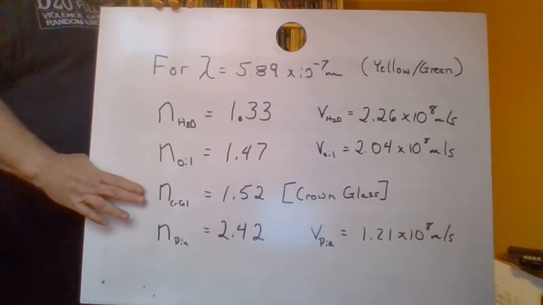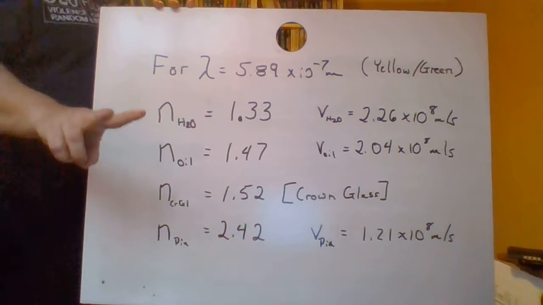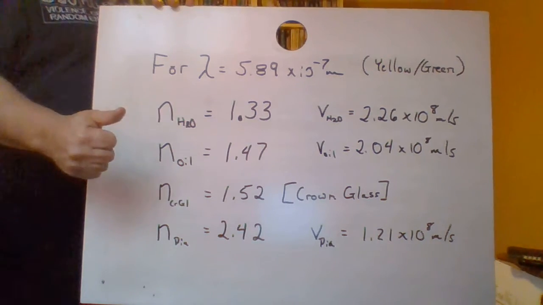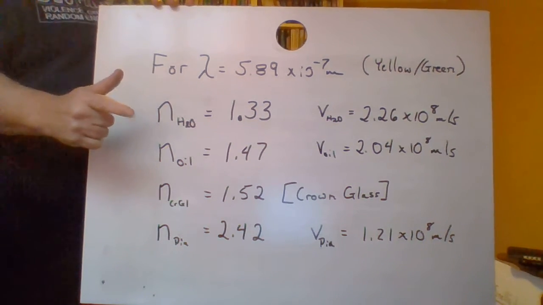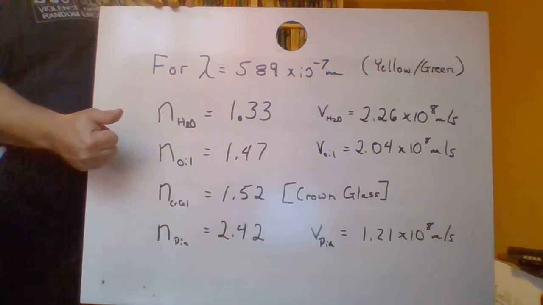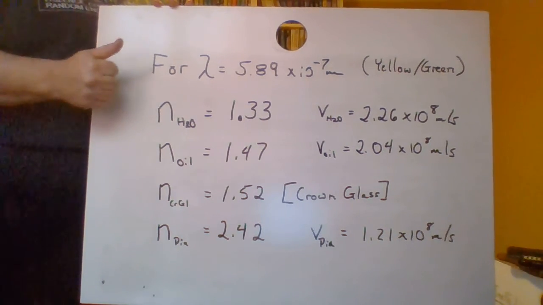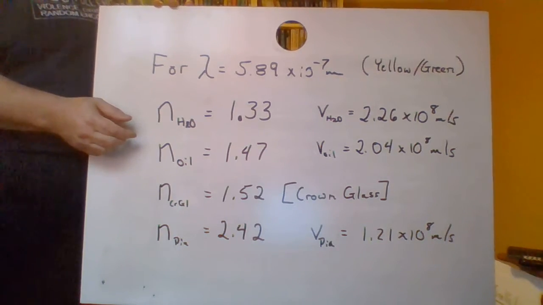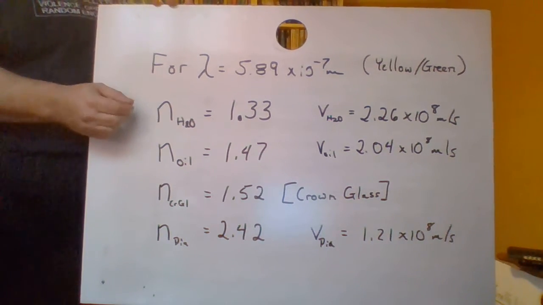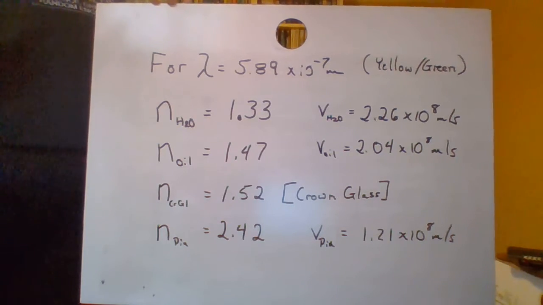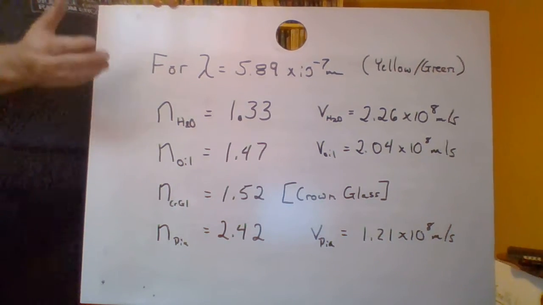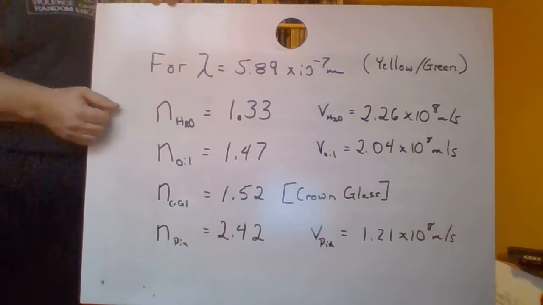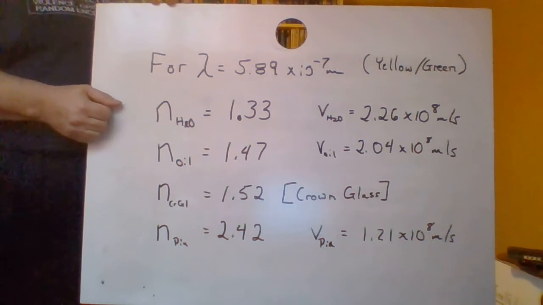You can do the same thing for crown glass. Notice that on the reference table, there's two entries for glass. One is crown glass, one is flint glass. The reason it's called crown glass was that at the time of ancient glassmaking, it was a more expensive process that produced glass that is what we normally see in our windows. It didn't have bubbles, didn't have ripples, didn't have any sort of flaws in it.